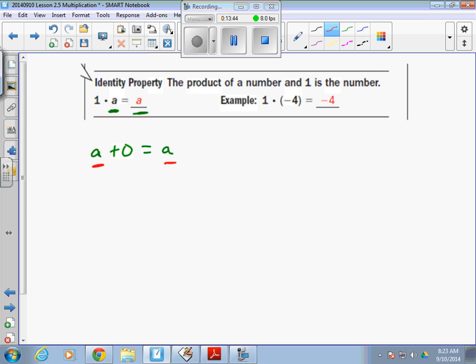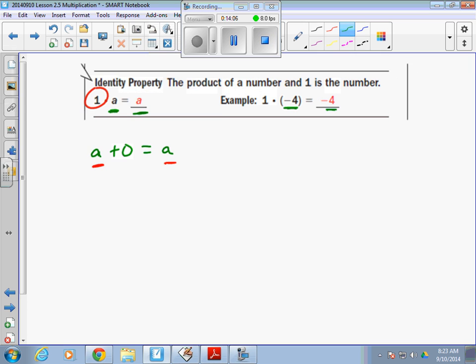The same thing's true with multiplication, except you're not multiplying by 0, because when you multiply by 0, it makes it into 0. So this one, we're just multiplying by 1. So negative 4, for the example, times 1 is the same thing as negative 4. The identity of it doesn't change. It's negative 4 at the beginning and negative 4 at the end.